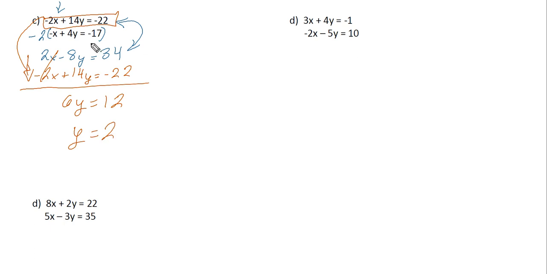Now we can substitute it into any equation that we want. I'm going to shoot for this one because I can see that negative x, which we're going to solve for x here, we're only going to have to divide by negative 1. So I'm going to use the second equation. Plug 2 in for y.